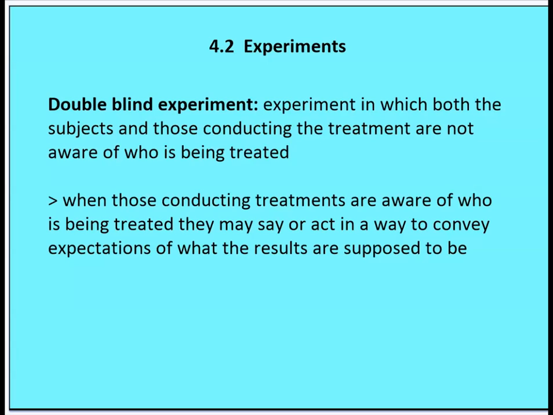Because sometimes if the people who are administering the treatment are aware of who they're treating, they may say or act in a way to convey expectations about how the results are supposed to be. So double-blind means both the subject and the experimenter are blind to the experiment.